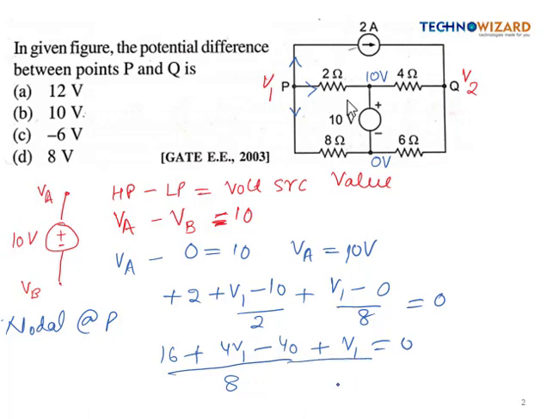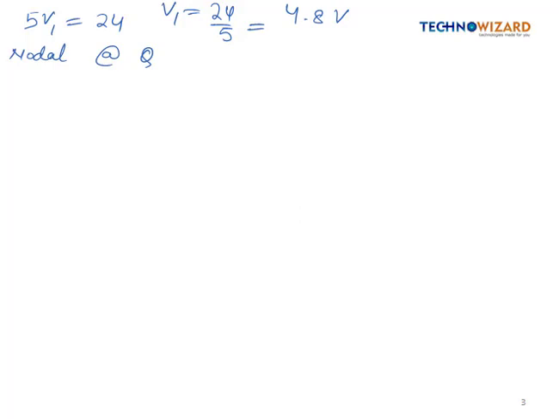So this is coming as 5V1 is equal to 24. So V1 is coming as 24 by 5, which is equal to 4.8 volt.